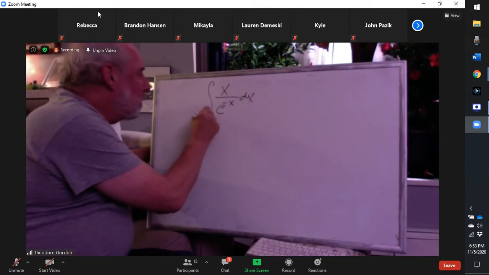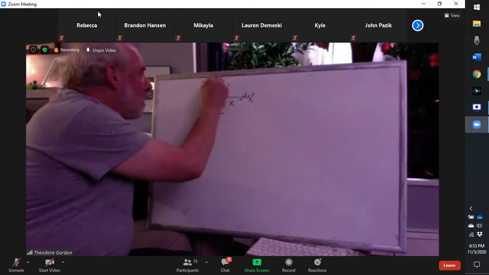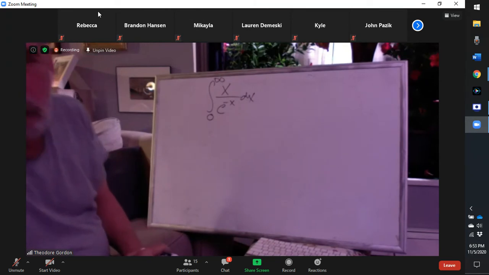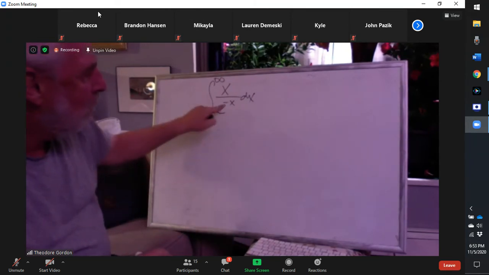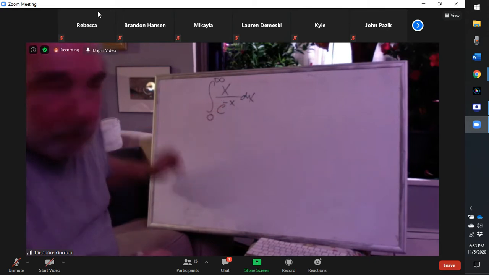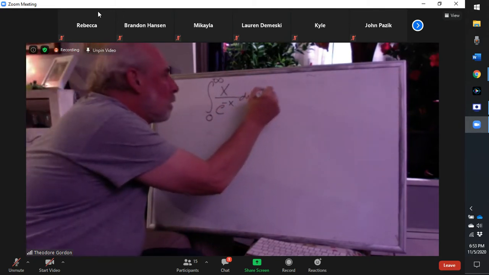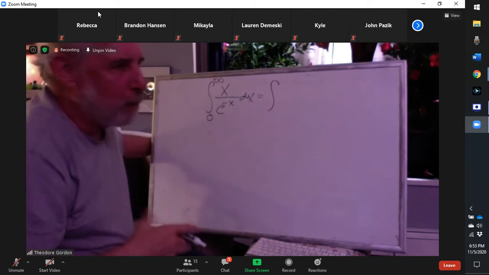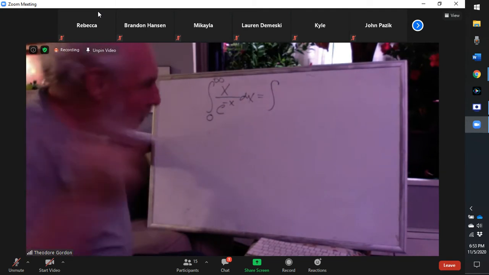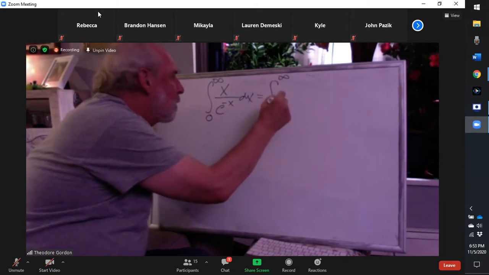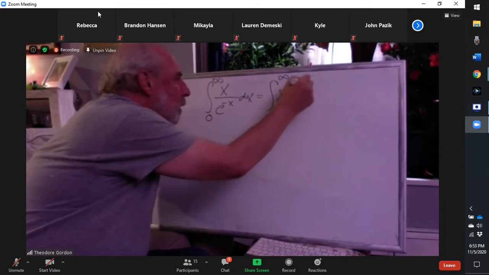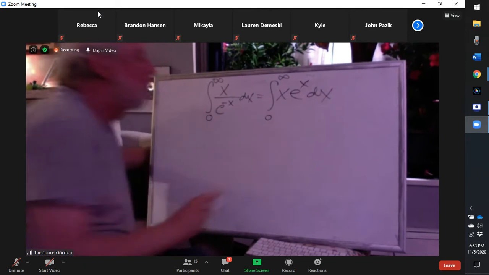Let's start at 0 and go to infinity. Well, the first thing I'm going to do is rewrite this. I don't like negative exponents. They cause all kinds of confusion. With negative exponents, you're down when you're supposed to be up, and up when you're supposed to be down. So from 0 to infinity, I'll rewrite this as x e to the x dx.